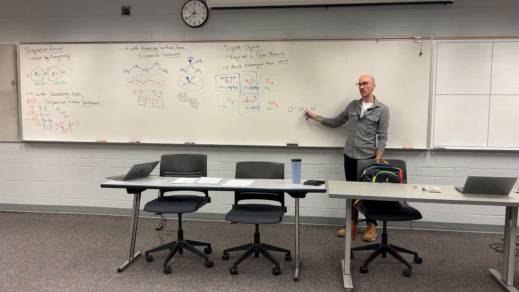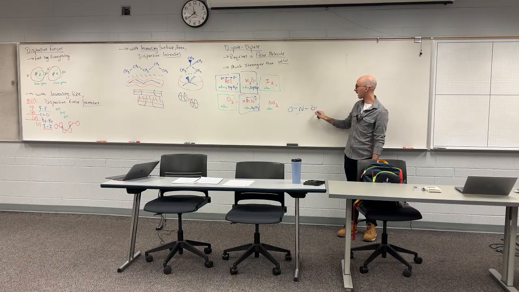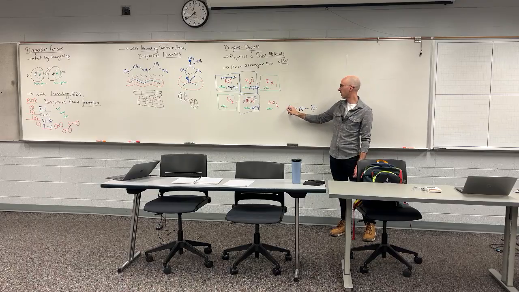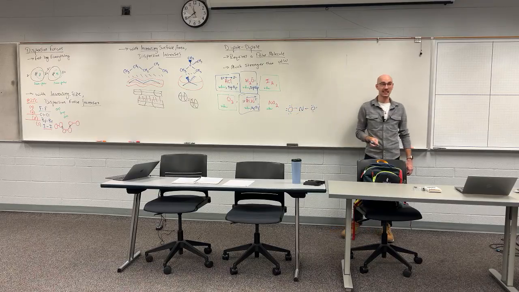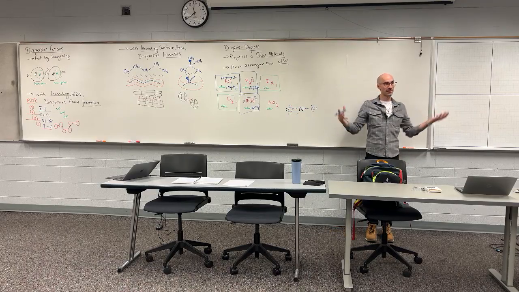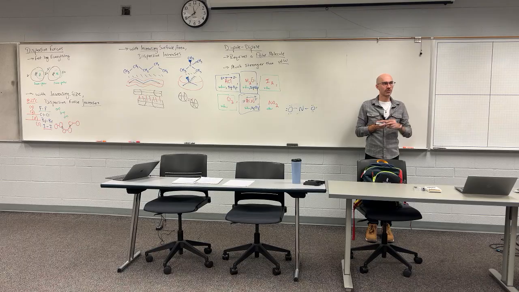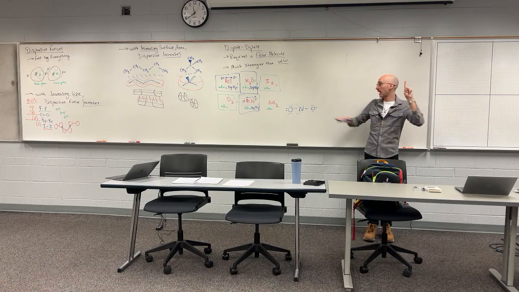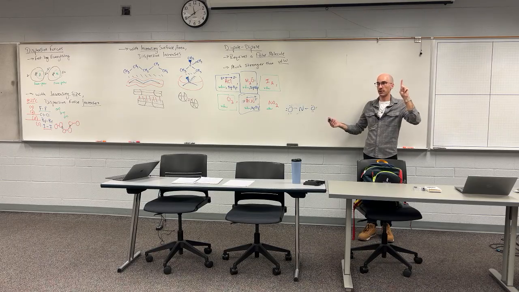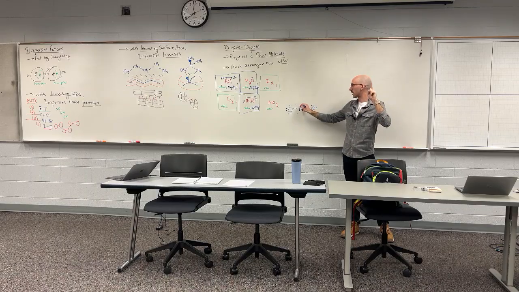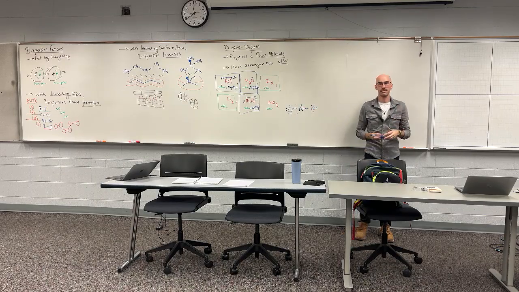I've already used up 4. 4, 6, 8, 10, 12, 14, 16. Remember, I like to give lone pairs to the outer atoms because they're more electronegative, so they're likely to hold those lone pairs anyways. I ran out of electrons all but 1, and I filled the octet on my outer atom, so I'll add this one last electron to nitrogen.